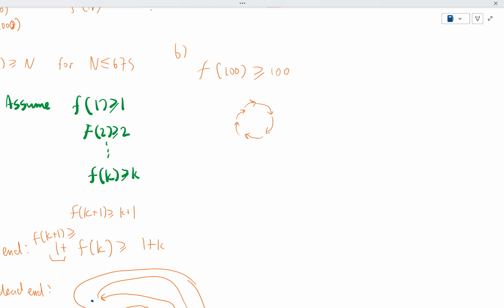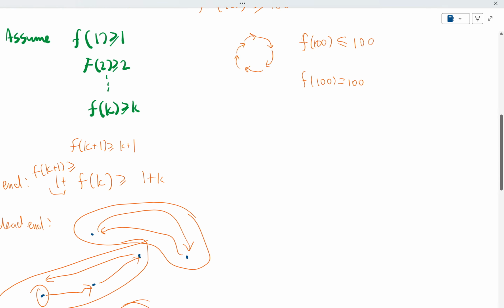Because the people in between and the people that are not removed are just going to be in the same groups again, right? So Veronica can't get more than 100 points here. So f of 100 is less than or equal to 100. That means f of 100 is equal to 100. So we've just completed part B. We just completed the proof.